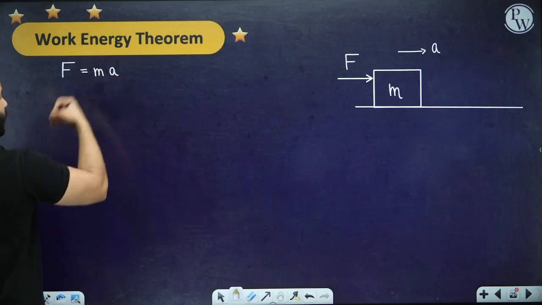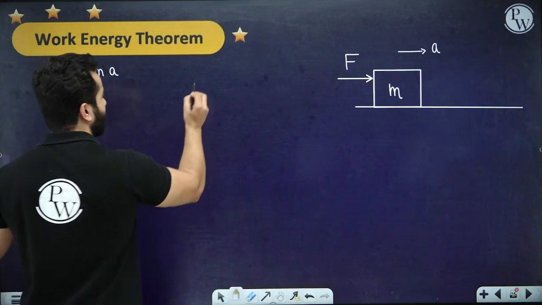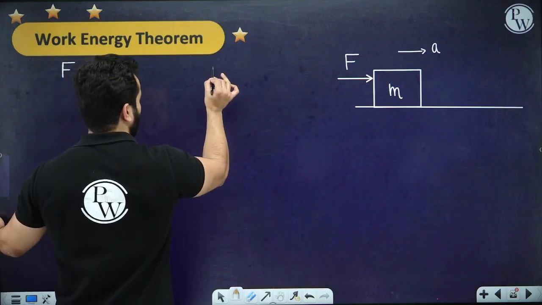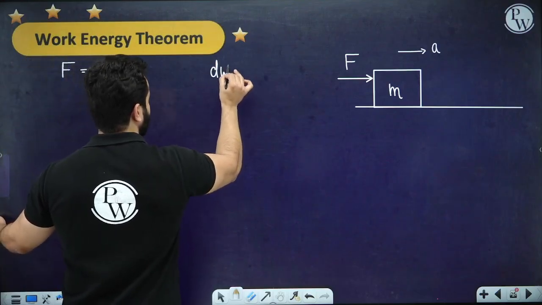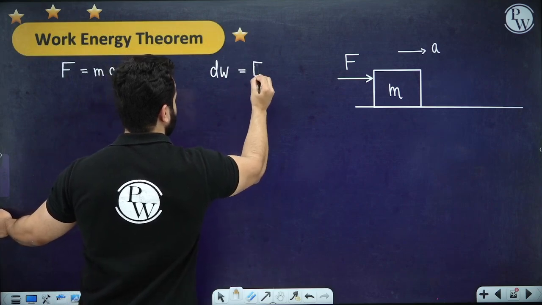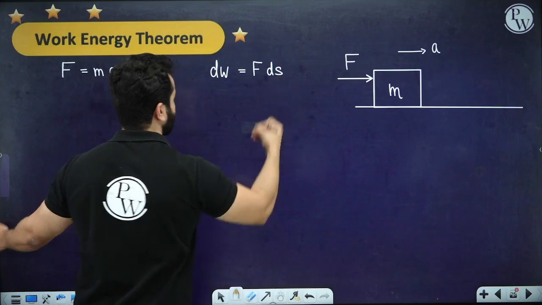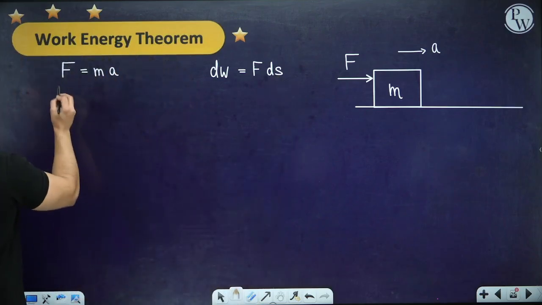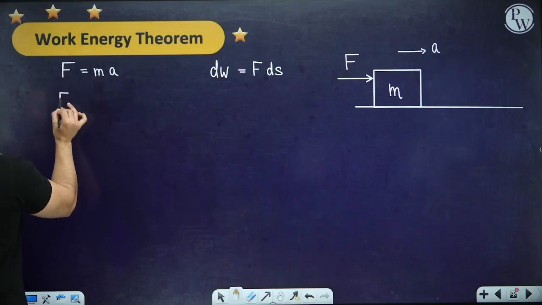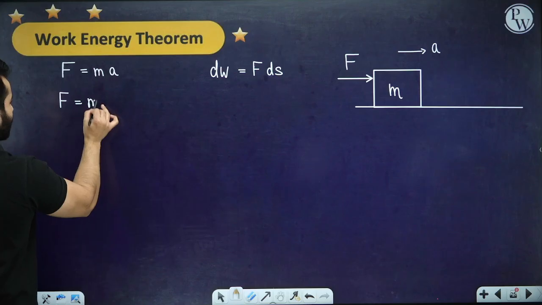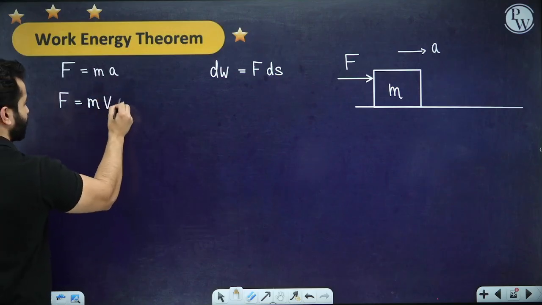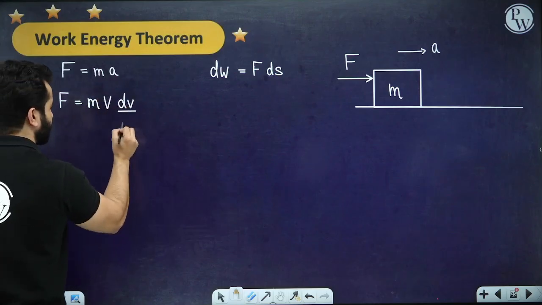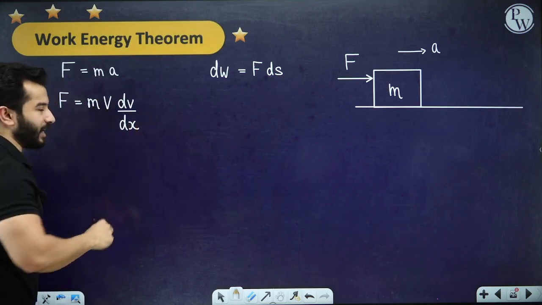Why are we trying to write something like this? Because we also know that the work done is written as F dot ds. Is that correct? So if force is written as m into A, force can be further written as m times v times dv by dx, if you remember this from kinematics.